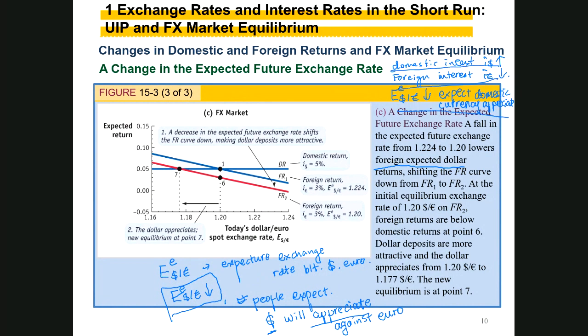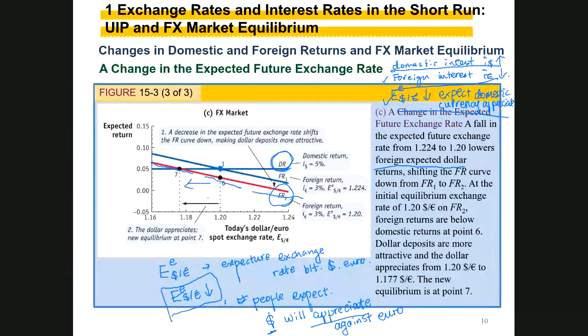Except for the first one, which moves the DR, the second one and the third one move the FR, and all give you the same result of moving the equilibrium, right? So you will move from 1 to 0.7 here, okay?